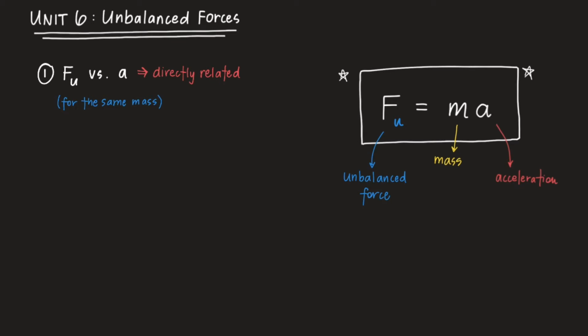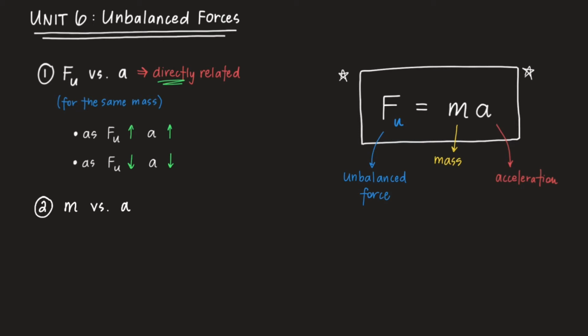A positive linear relationship, or a positive slope, is a direct relationship. So as one thing increases, the other thing increases as well. So as the unbalanced force increases on an object, the acceleration will increase as well, which kind of makes sense, right? The harder you push something, the faster it's going to accelerate. Similarly, as the unbalanced force decreases, so does the acceleration. So if you're not pushing something as hard, it's not going to accelerate. And that's a direct relationship. As one thing goes up, the other thing goes up.